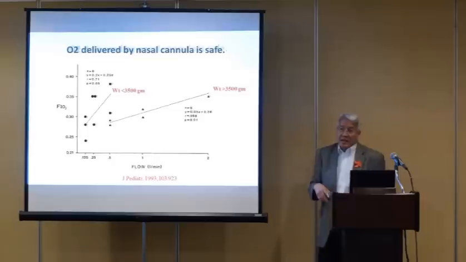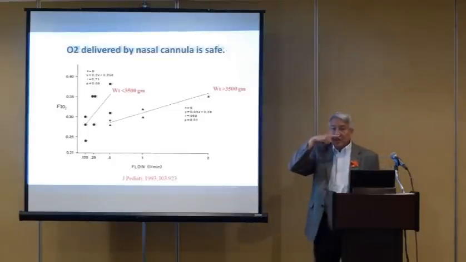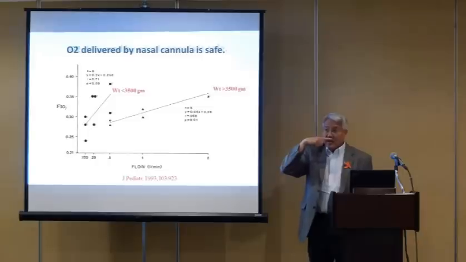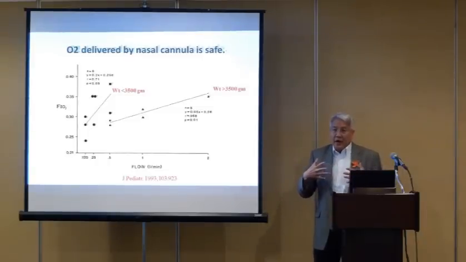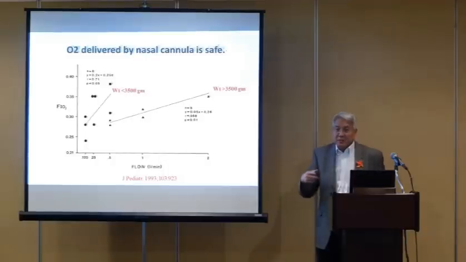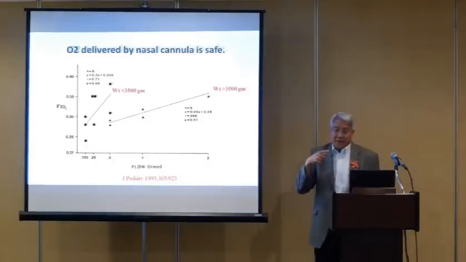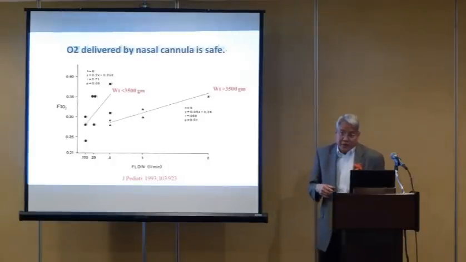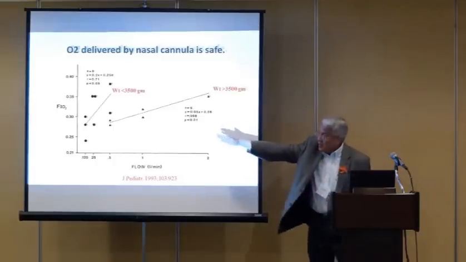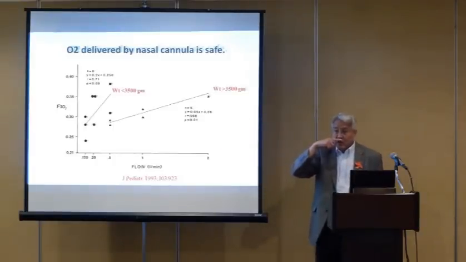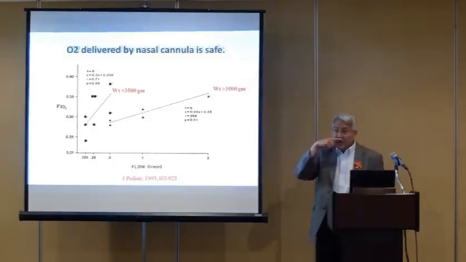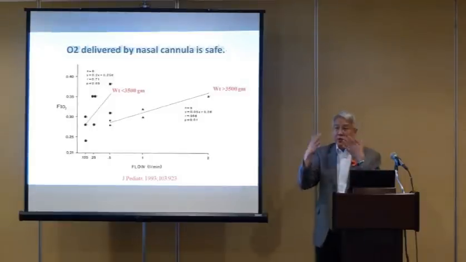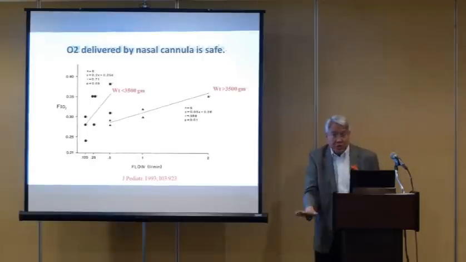So why is that? When you deliver oxygen by nasal cannula at a low flow, it depends on how fast and how deep the patient takes in a breath, which we call inspiratory flow rate. In a neonate who breathes very shallowly, whose inspiratory flow rate is not very high, breathing a little oxygen, there's not enough flow to entrain room air around that oxygen to dilute it down.